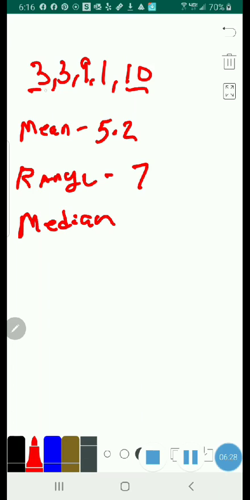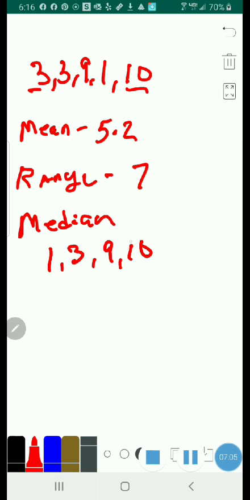Okay? We have 5 numbers here, 3, 3, 9, 1, and 10. So 9 is in the middle because it has 2 numbers to the left, 2 numbers to the right. But I need to rethink that because we need to write this in numerical order. So let's just erase and rewrite it. Since 3 is repeating, we're going to remove one of those numbers. We're going to put 1 first, 3, 9, and 10.